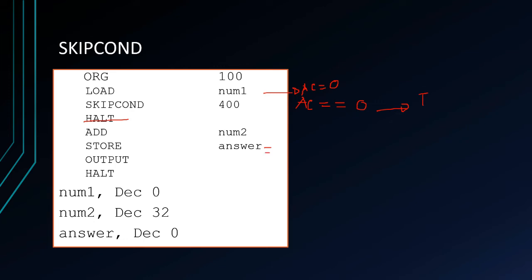So answer now is equal to 32. And then, proceed tayo sa output instruction, which is, i-display natin yung 32. And then, mag-end na yung program. So, yan ang ginagawa ni skipcond instruction.